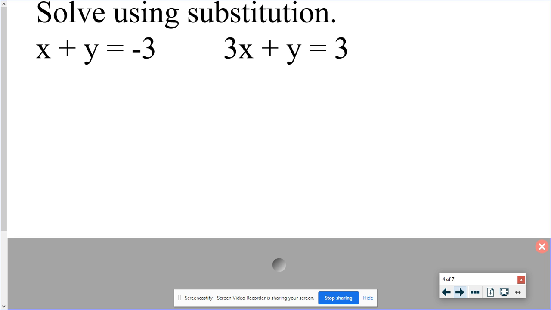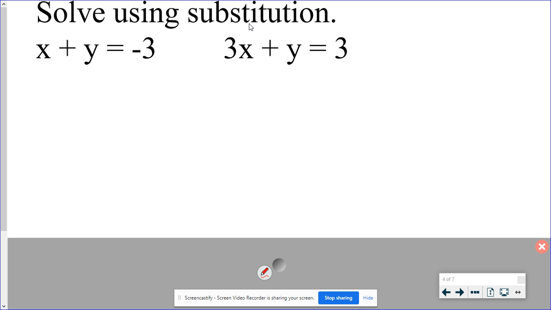So now I'm going to solve using substitution. In these two equations, I truly could use 3 of the 4 options and have no issues at all. The only one that I wouldn't choose is this x right here, because I would end up dividing by 3 to get the x all by itself, and then I'd end up with a fraction in front of the y.